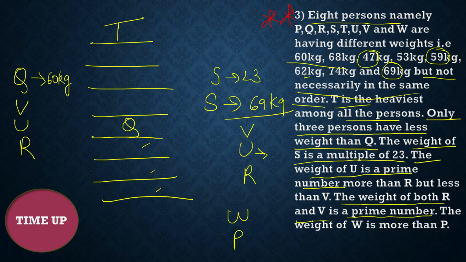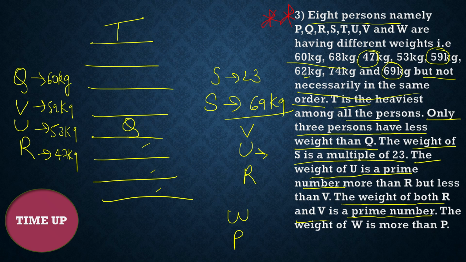What will V be? 59 kg, because the number smaller than 60 is 59 kg. What will U be? Smaller than 59, which is it? 53 kg, and R will be 47 kg. These are all prime numbers, 59, 53, 47, and the weights of V, U, R are less than Q. Correct?